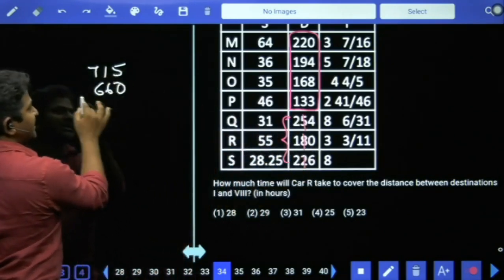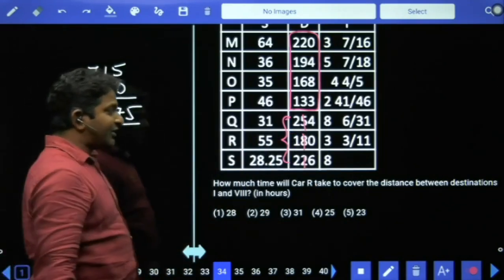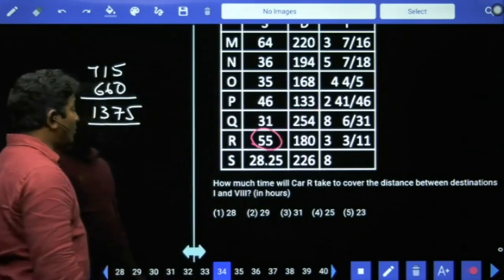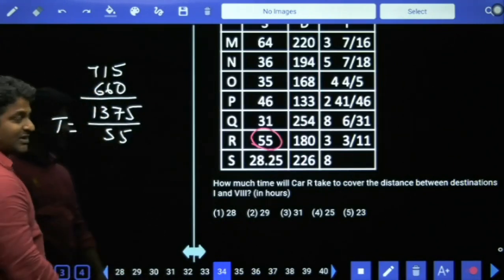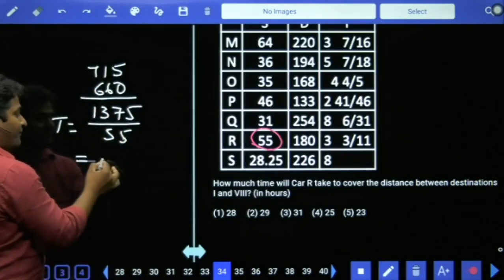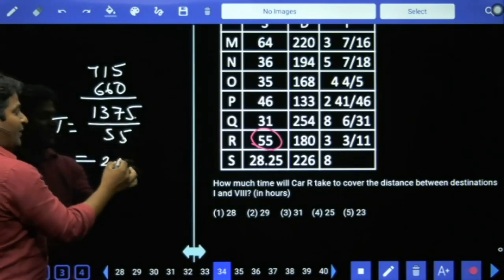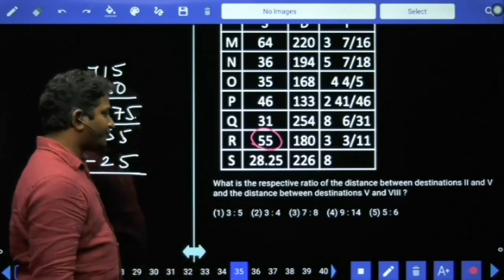To this if you add 660, total distance is 1375. And which car should travel? Car R should travel, whose speed is 55 km per hour. Then time T is equal to distance by speed. 55, 2 times 110, 275, 55, 5 times we have. So 25, fourth option is our answer.